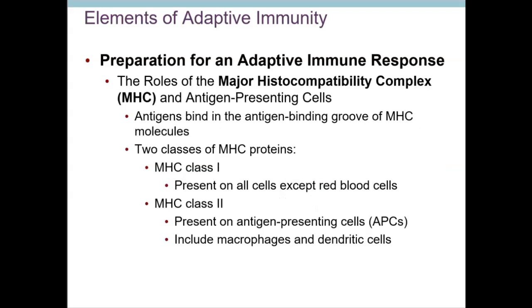These antigens bind in what's called the antigen binding groove of the MHC molecules. There are two basic types of MHC proteins. Class 1 is on every cell in your body except the red blood cells. And class 2 is only present on a few cells that are called antigen-presenting cells. These are macrophages and dendritic cells.